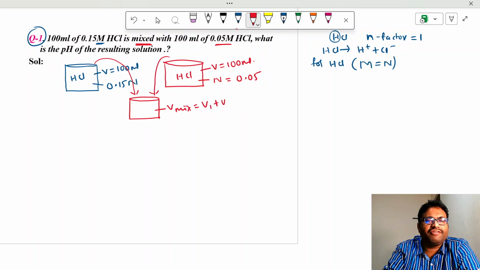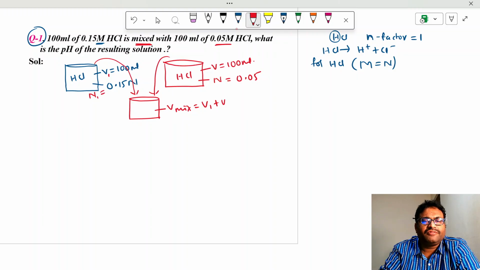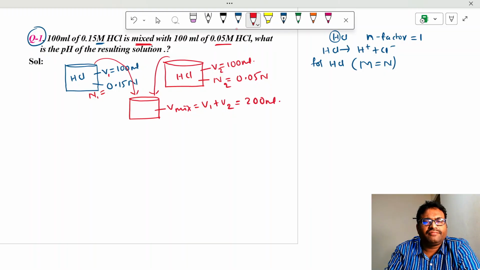V1 plus V2, that is equal to, what do you get? 100 plus 100, 200 ml. So final normality is nothing but H plus. So let us use the direct formula.